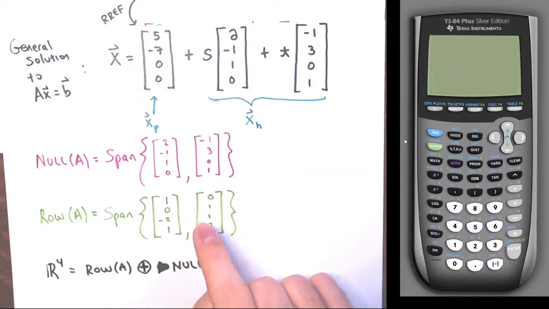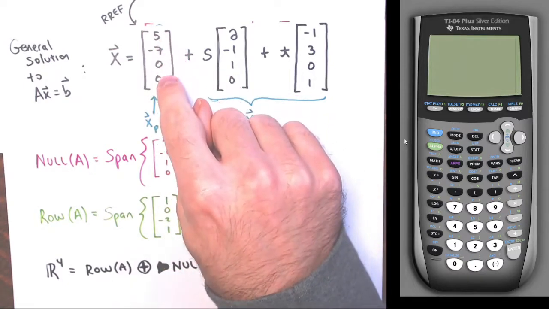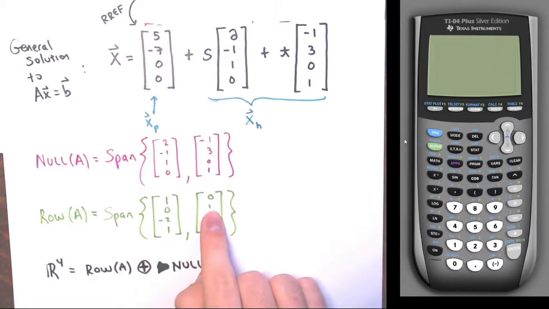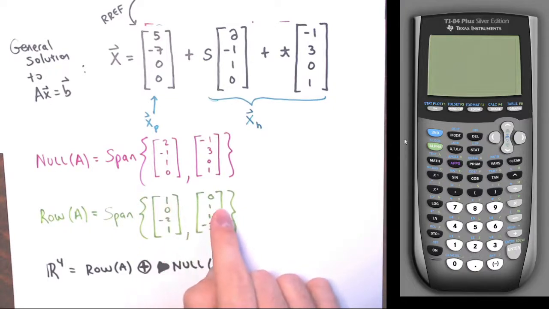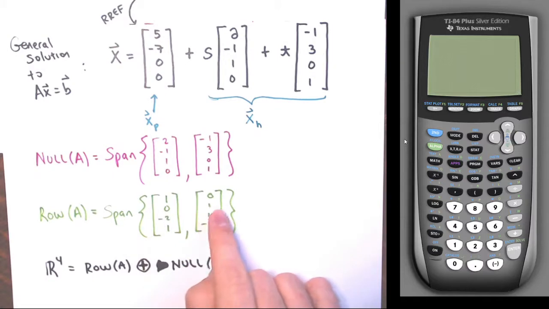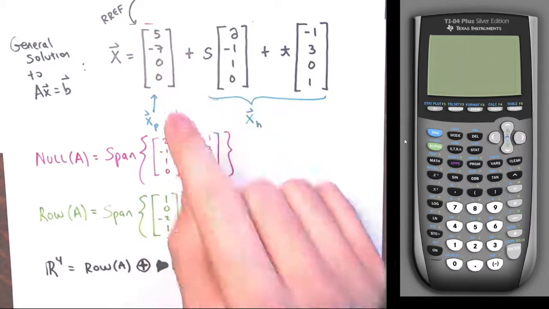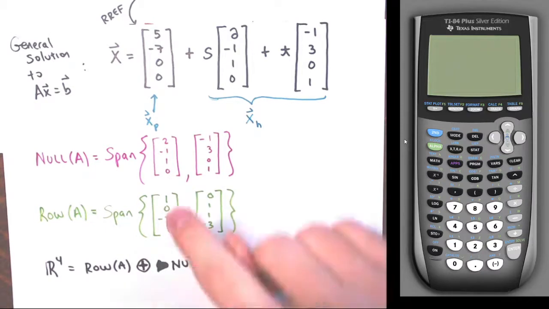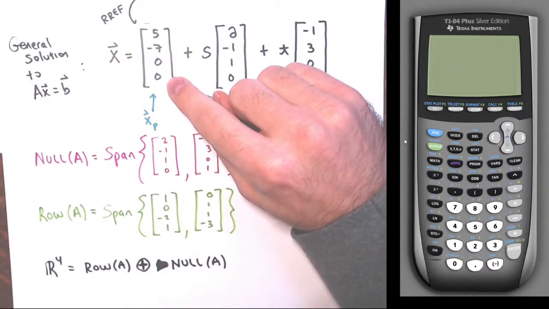If I wanted to make 5, negative 7, 0, 0, I'd have to have 5 of this first one, negative 7 of the second one, because those are the only ones that have non-zero components in the first and second slots. If I took 5 of this first vector and negative 7 of the second vector, I'd get 5, negative 7, sure, but then I wouldn't have 0 and 0 as the third and fourth components. So this is not in the row space of A. This is not in the row space.